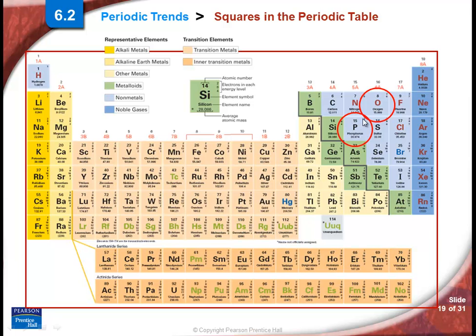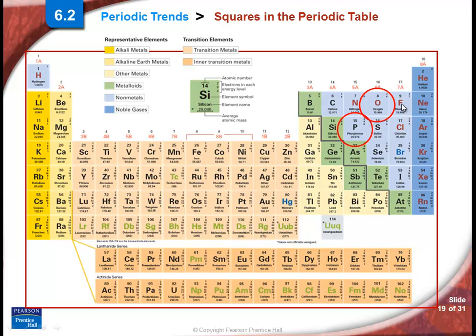Let's say instead of phosphorus, we can do this in two steps. Let's say we were comparing nitrogen and oxygen. Nitrogen's bigger because it's further to the left.